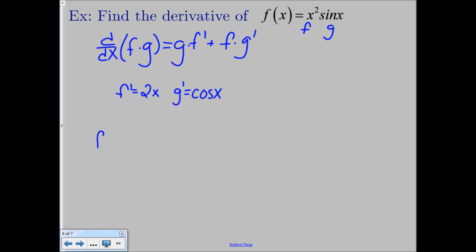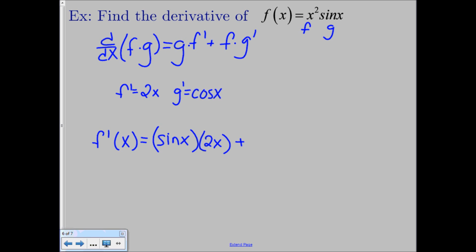Okay, so let's plug in now to find f prime of x. So f prime of x is going to be g times f prime. So g was the sine of x. Put some parentheses around there. And f prime was 2x.